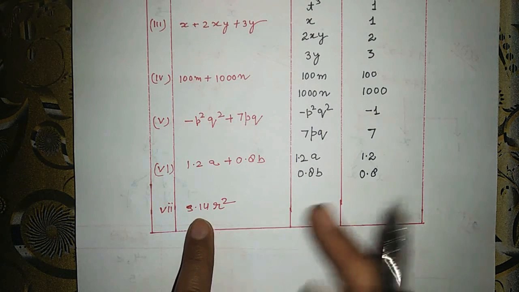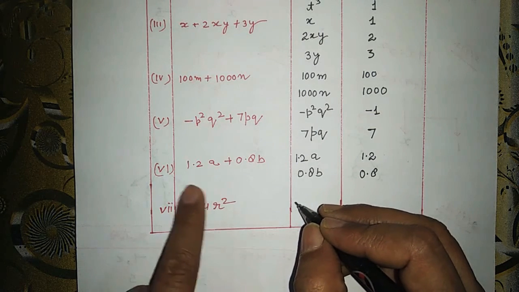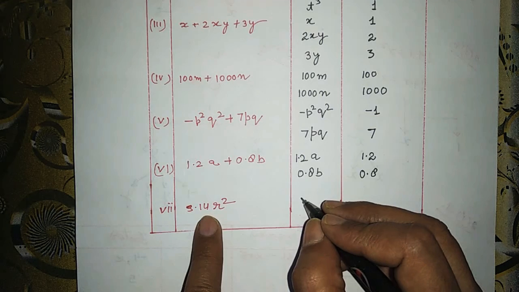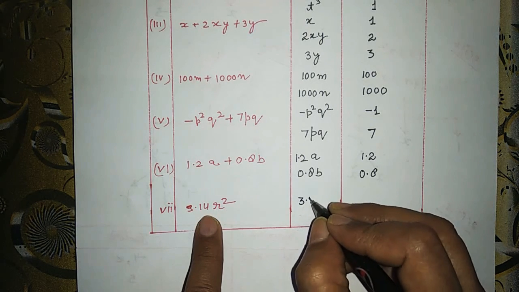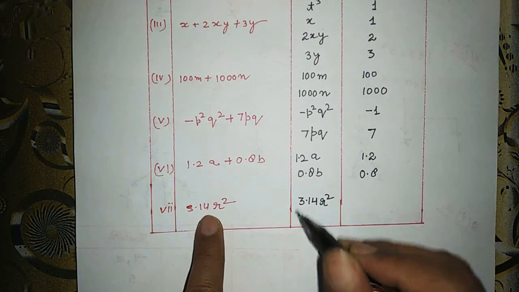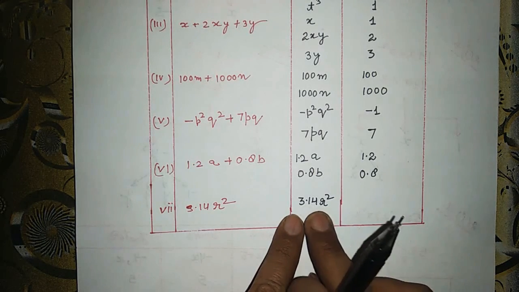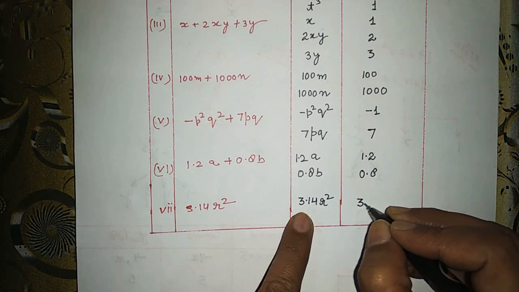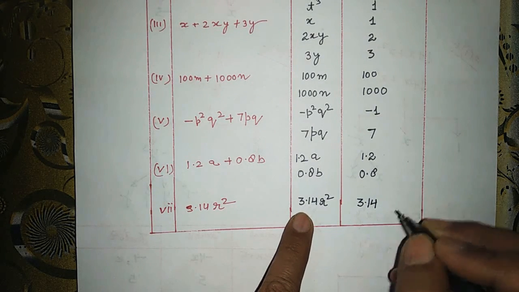Here only one term you can see in this expression. So here we will write 3.14 r square. Now we will write the numerical coefficient of this term, 3.14.